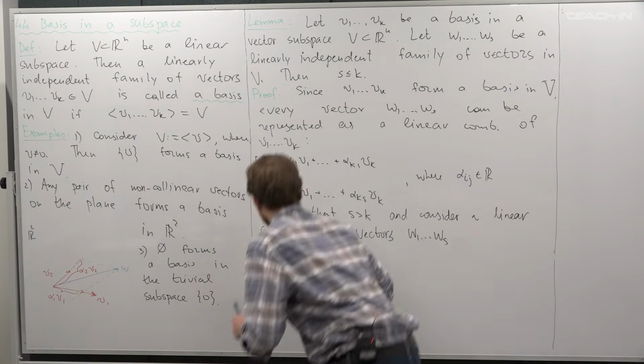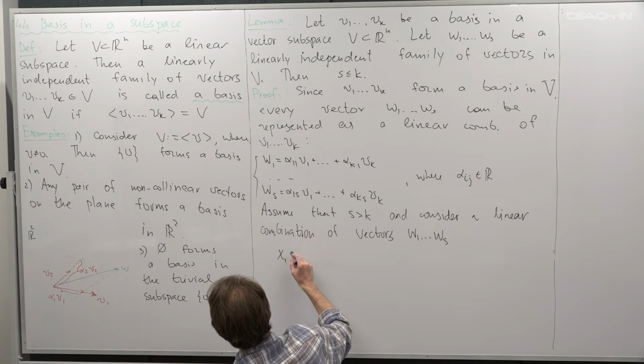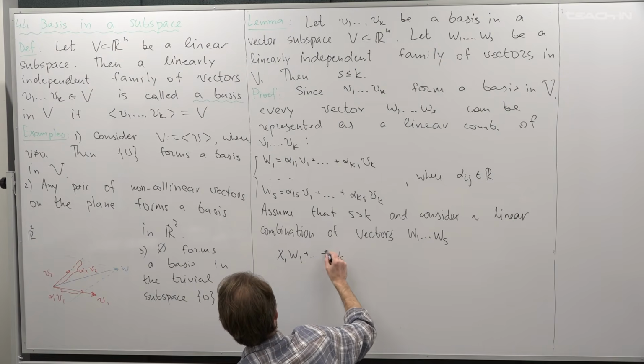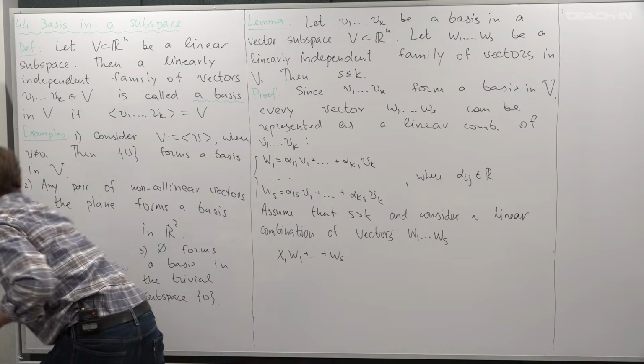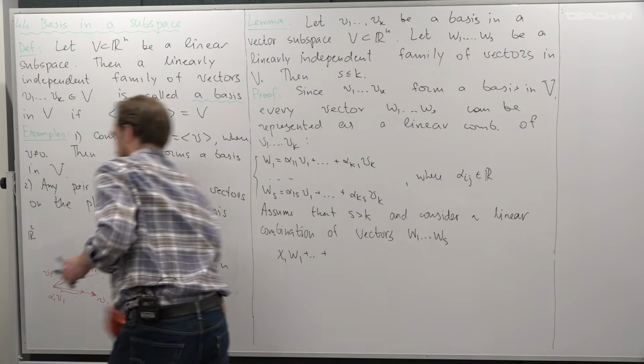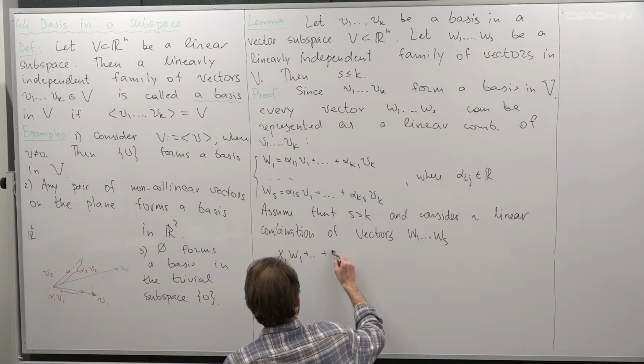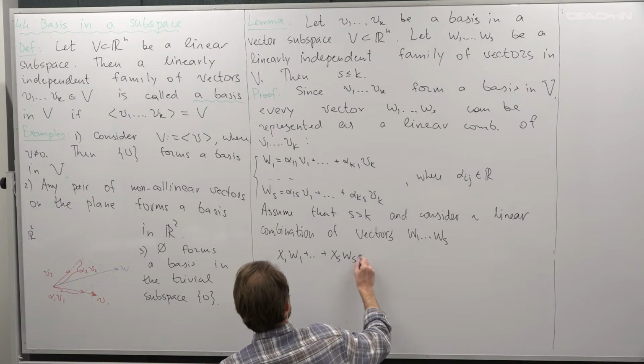So x1 times w1 plus etc. plus xs times ws equals 0.